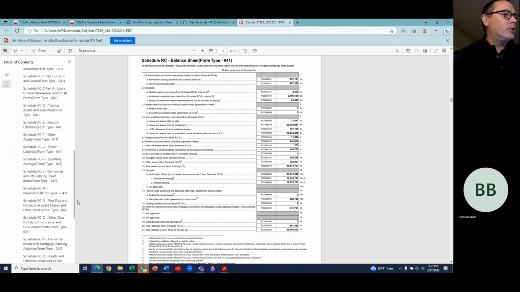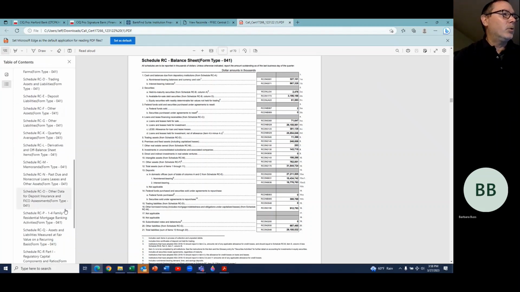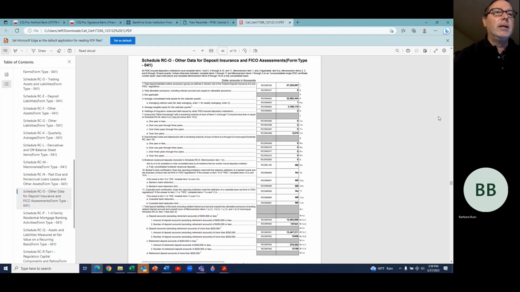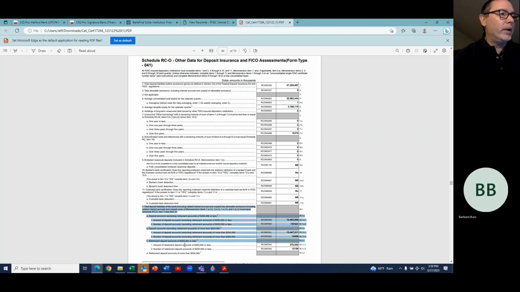Scroll down to this obscure schedule called RCO, O as in Oscar, which is other data for deposit insurance and FICO assessments. On this schedule, you'll see interesting things that'll help you get to the calculation that you're looking for. Down in 1A, this is the part of the report we're focusing on.